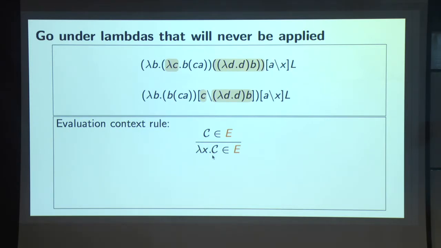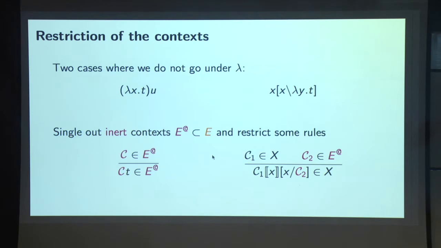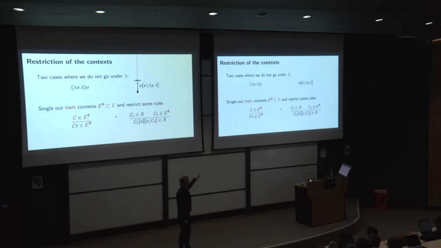So we can use an additional context rule that says, okay, we can go under lambdas. But obviously, we cannot do this in any unconstrained way, because we already know a few cases in which we do not want to do that. For instance, if your lambda abstraction is already on the left of an application, then the weak call-by-need strategy tells you that you are supposed to be doing beta reduction at this point.